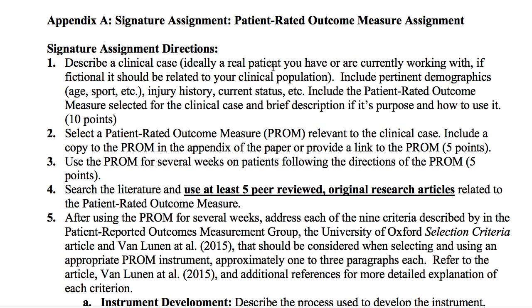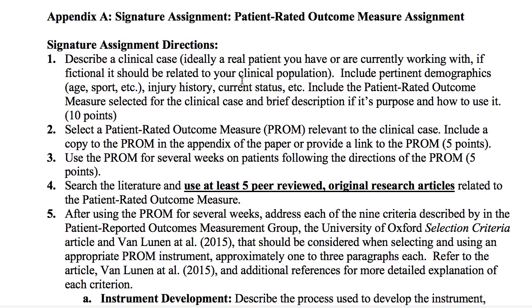You'll see in our class that for about 3 to maybe 4 weeks, I want you to actually use the PROM on your patient or patients, so you can see what it's like to use it. In your summary of your paper, you're going to discuss how it went using this PROM over a couple weeks.